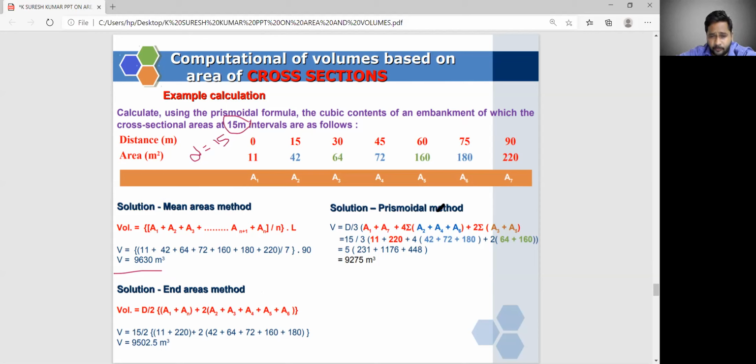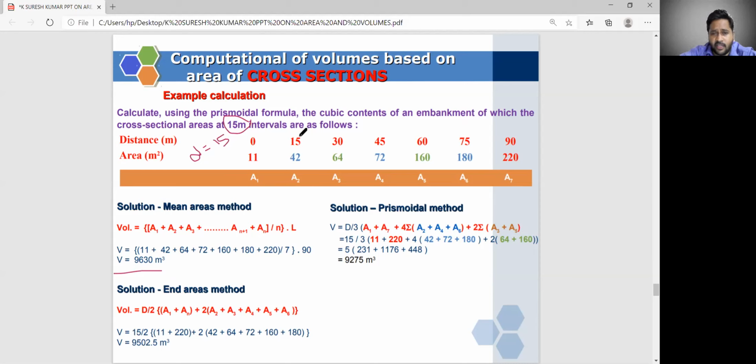Trapezoidal method: d by 3 into (A1 plus A7 plus 4 into the summation of even numbers A2, A4 and A6, plus 2 into the summation of odd numbers A3 and A5). Your d value is 15, your A1 is 11 and your A7 is 220.